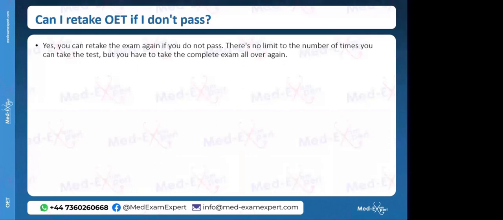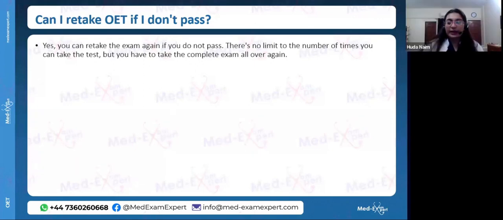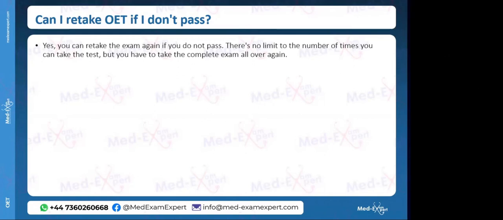So should a nurse take IELTS or OET exam before he or she can travel to UK or US? I think you are asking whether we should take the exam in our home country or whether you should take it in the United Kingdom. Is that your question? No, please.